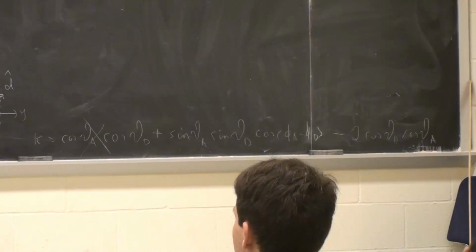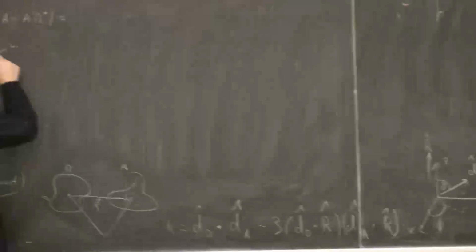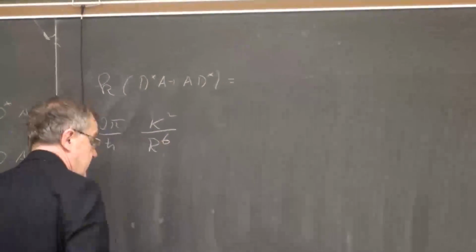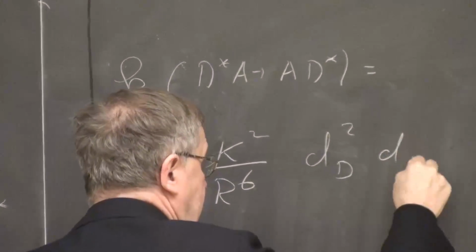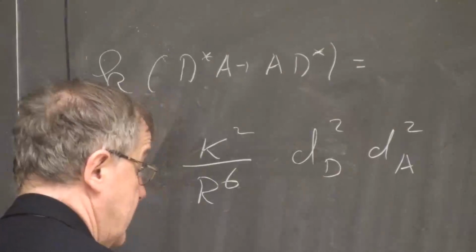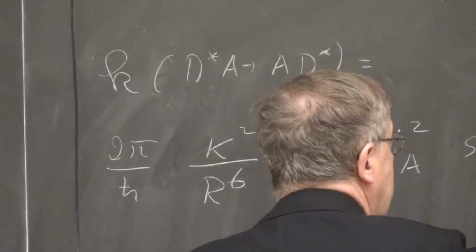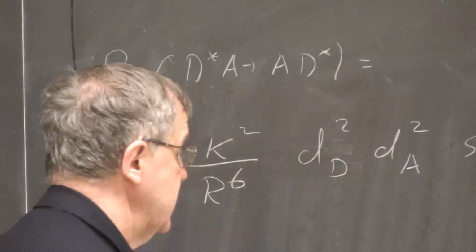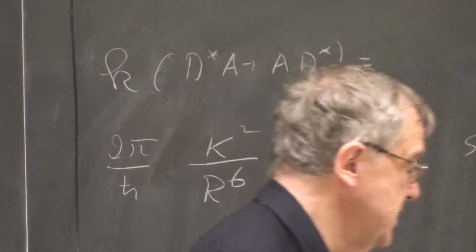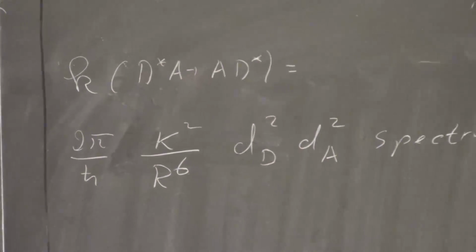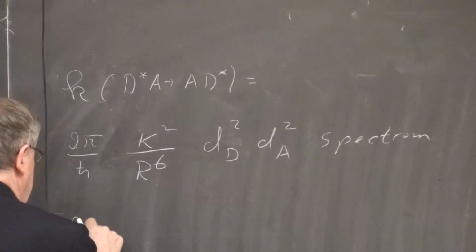I just write now, this one is equal to kappa squared over r to the 6 times dd squared times dA squared, and times now a spectrum. And I give the spectrum in a second. And so this is what I'm getting.